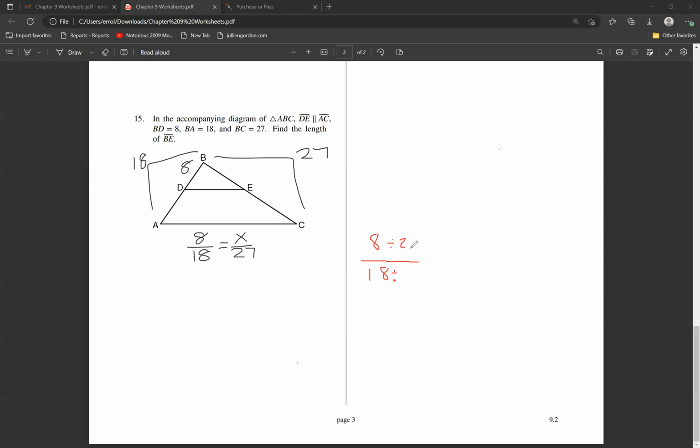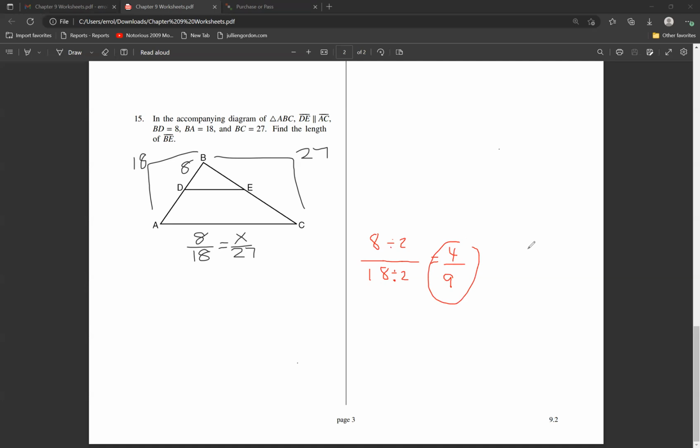No, 9 goes into 18. Yeah, that's true, but it doesn't go into 8. What's the biggest number that goes into both? 4. Well, 4 doesn't go into 18, right? It's 2. So what's 8 divided by 2? 4. And what's 18 divided by 2? 9. Okay, so switch the 8 over 18 into 4 over 9.